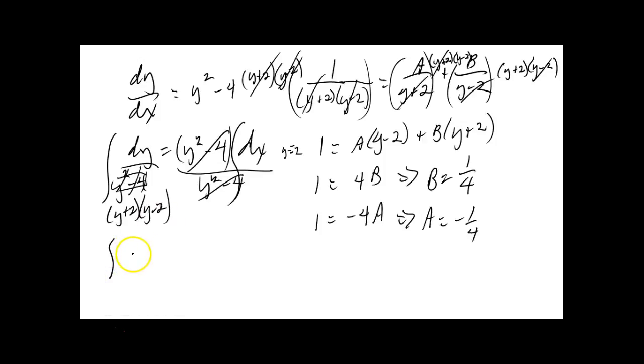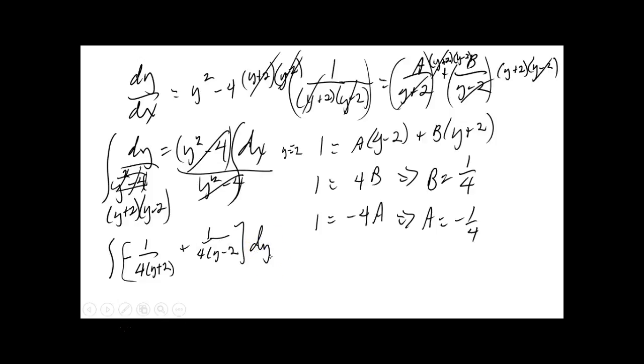Okay. So let's go back up here, and I'll write it down here. The integral of, a was negative 1/4, so negative 1 over 4 times y plus 2, plus 1 over 4 times y minus 2, dy.